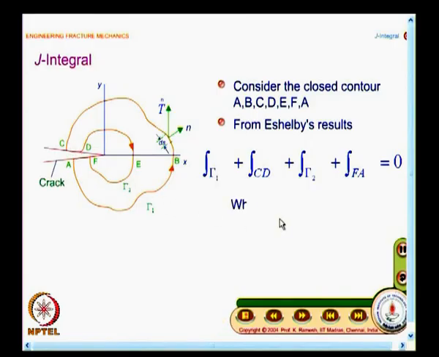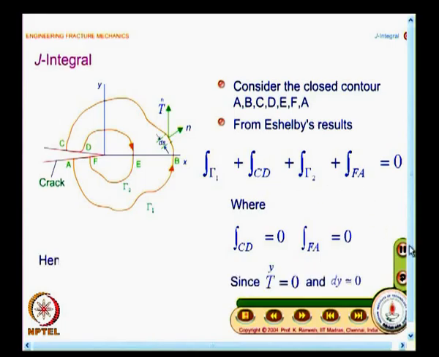So, in essence, the integral CD and integral FA would go to 0. The reasons are stated here. Because there is a free surface, the traction is 0 and it is a very fine crack. So, dy equal to 0. Do not get misled by this V shape, this is for illustration, it is put like this.